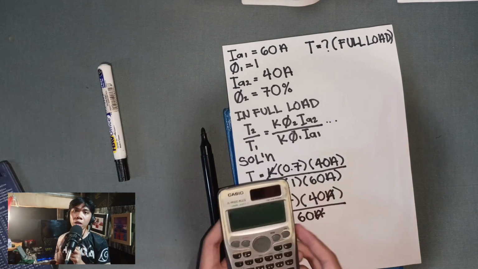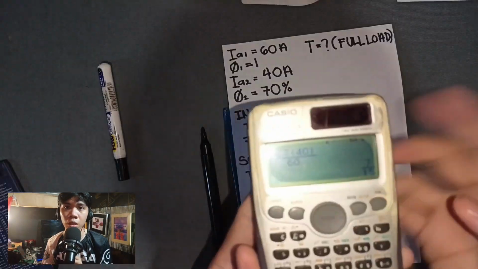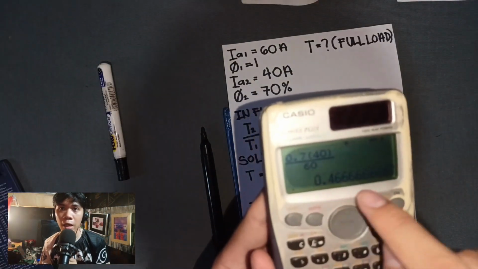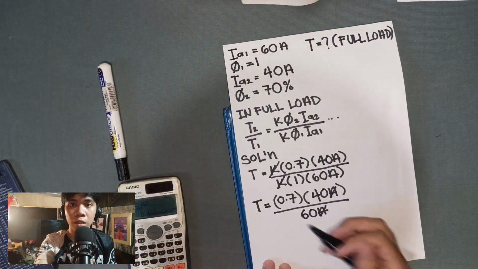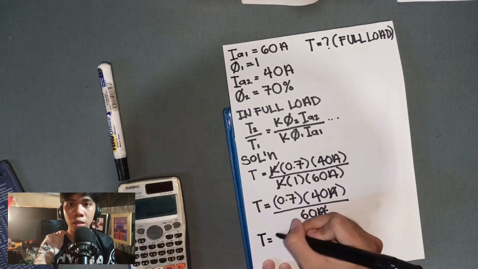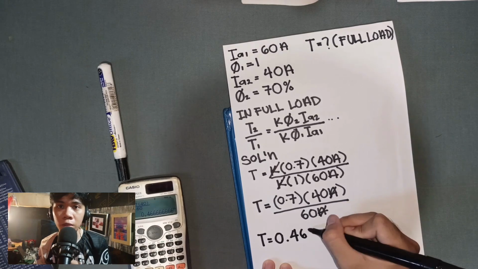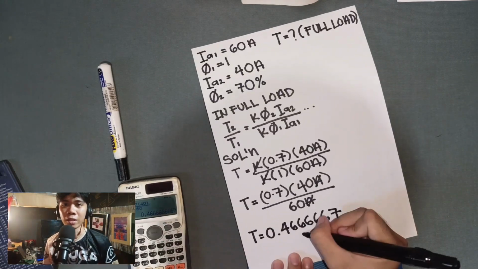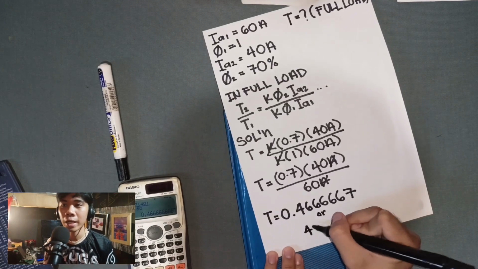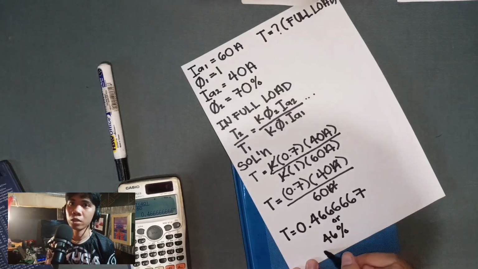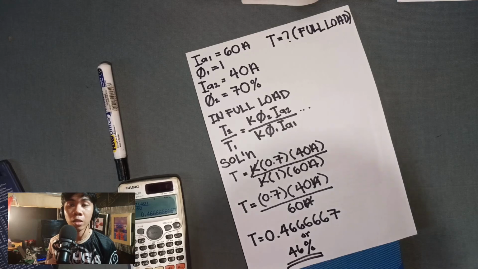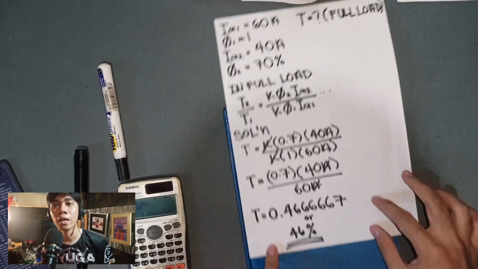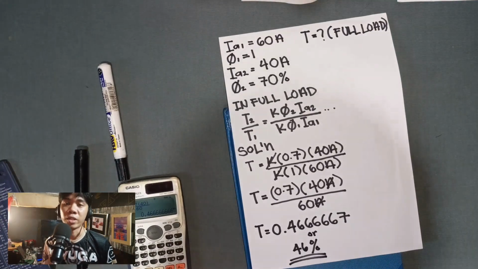Kapag na-compute natin siya sa calculator, ang lalabas ay 0.4666666667. Kapag kinonvert naman natin ito, equivalent siya sa percentage na 46%.